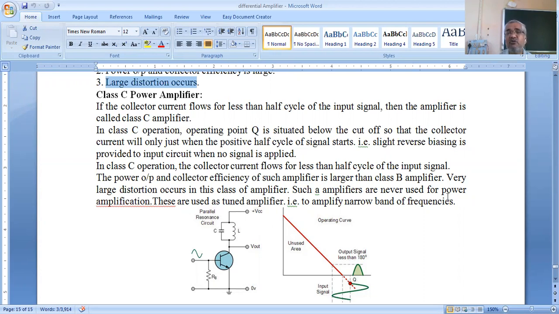Such amplifiers are never used for power amplification. आता समजा इतकं मोठं डिस्टॉर्शन जर तिथे प्रोड्यूस होत असेल तर ते आपल्याला जनरली we do not use these amplifiers for amplification purpose, but they are used as a tuned amplifier. Tuned amplifier means they are used to amplify narrow band of frequencies. So there are many situations where you want to amplify a very narrow band.